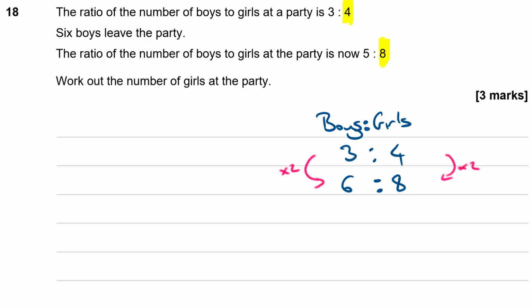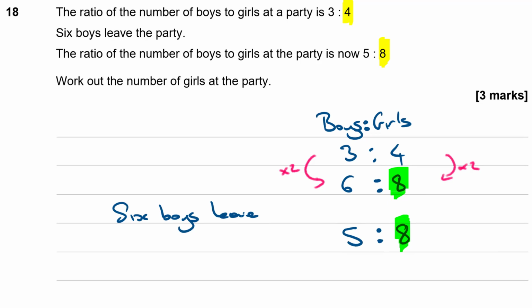Okay, so we're told that 6 boys leave the party. And then we've got a new ratio of boys to girls of 5 to 8. Now, notice that this 8 here and this 8 here are the same. So the number of shares for girls is the same.